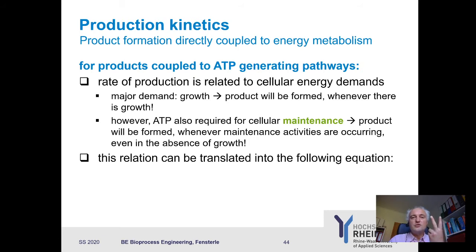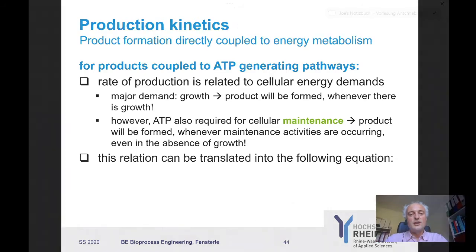You produce energy for two things. You produce energy for growth itself, so you will form your product when there is growth. However, of course, energy is not just growth. So you have also the case if the cell just sits around, it also needs energy. Otherwise, it's dead. And we can set up the following equation.